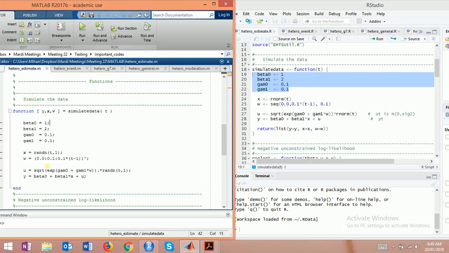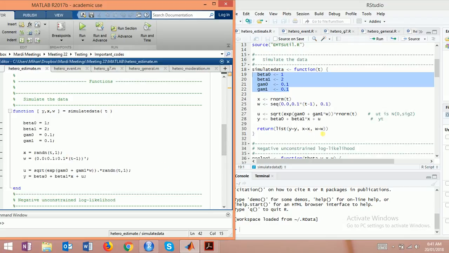See, t rows, one column; number of columns is not necessary to specify in R. Then omega is 0 to 0.1 times t minus 1, that means 0.1 for 4999 times, with each step going up at 0.1. In R we use the function sequence from 0 to 0.1 times t minus 1, each step at 0.1.